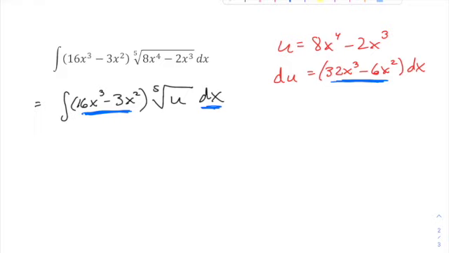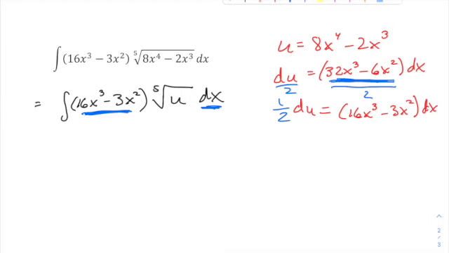So if you can think about that, that would be accomplished basically just by taking half of this expression right here. So in other words, if I divided both sides by 2, I would have 1/2 du on the left side, and then I'll have 16x cubed minus 3x squared dx. And there you go.